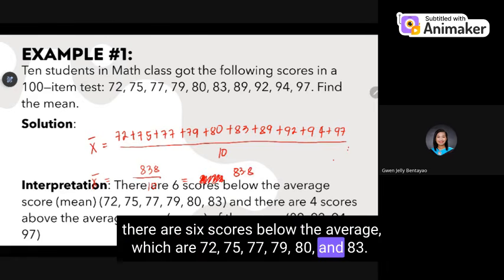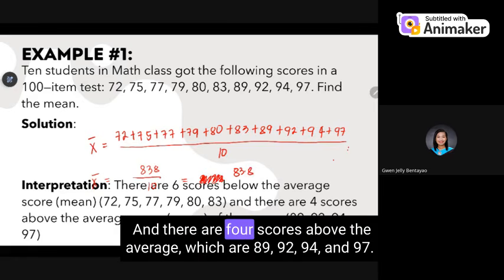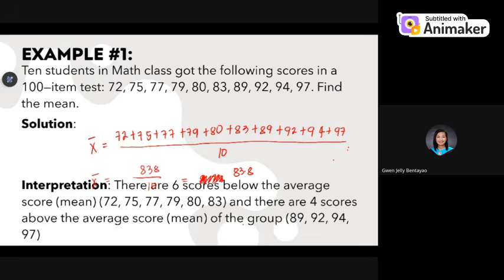So the interpretation now would be there are 6 scores below the average, which are 72, 75, 77, 79, 80, and 83. And there are 4 scores above the average, which are 89, 92, 94, and 97.